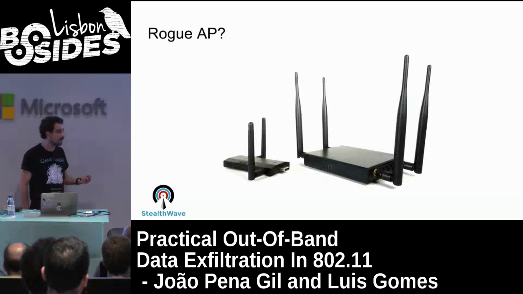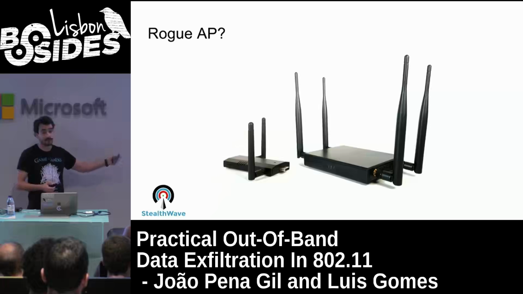Just drop a rogue AP, right? You just drop something there and connect it with a wired or wireless link to the on-scope AP, let's call it that, or the target AP. And then it just spins up another AP, and you can just connect to that through your attacker device. And what else would you need, right?